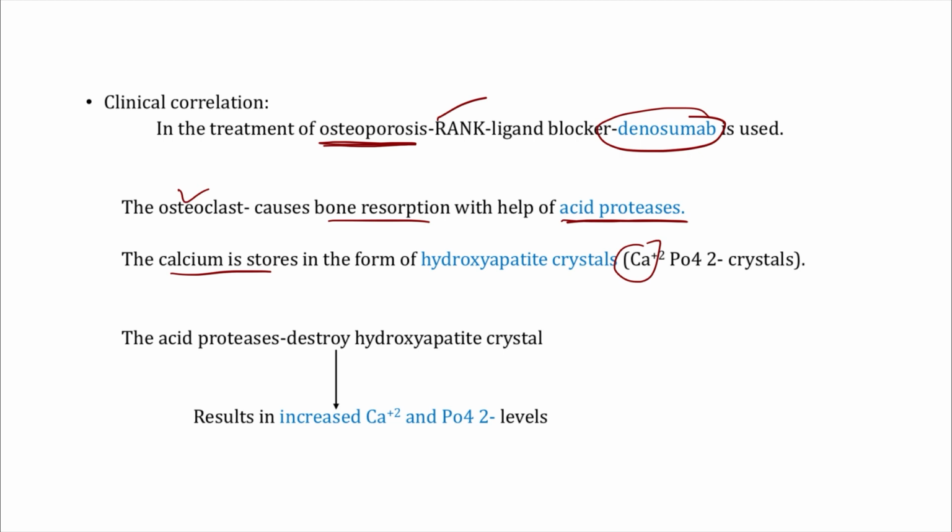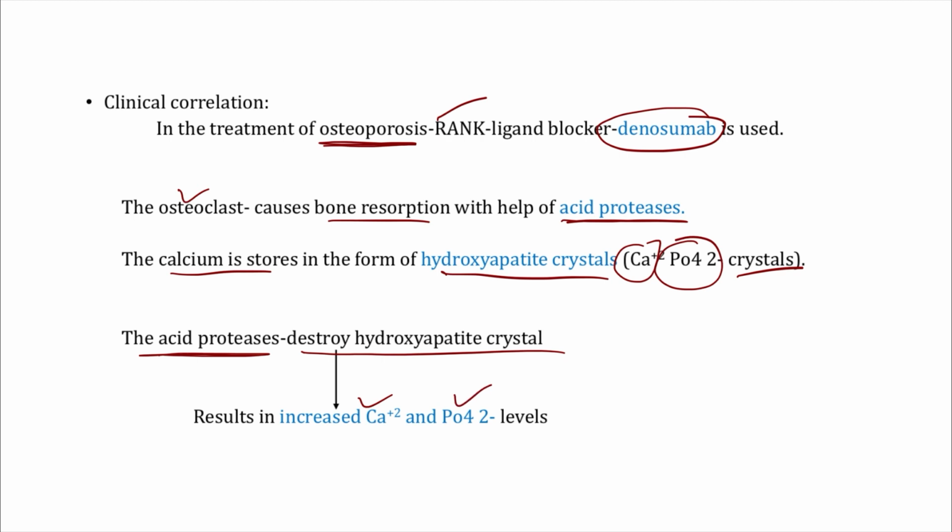It always stores with phosphate in the form of crystals, and the name of these crystals is hydroxyapatite crystals. Our osteoclast cell, with the help of acid proteases, destroys all hydroxyapatite crystals and results in increased calcium and phosphate levels.